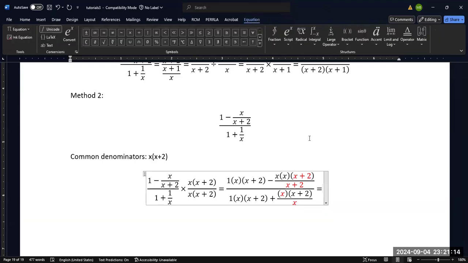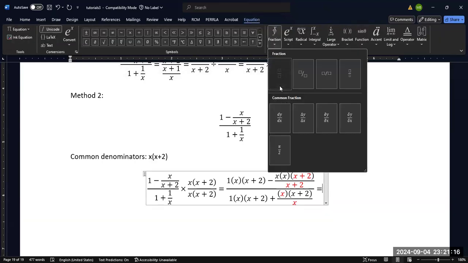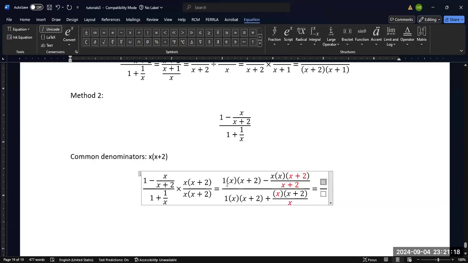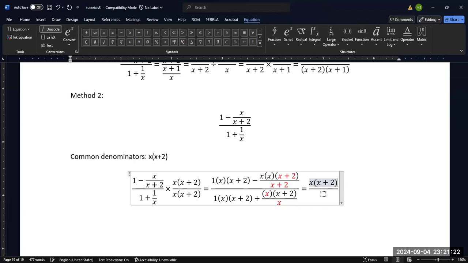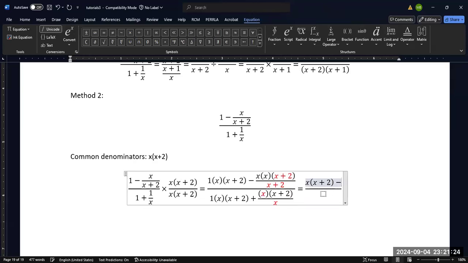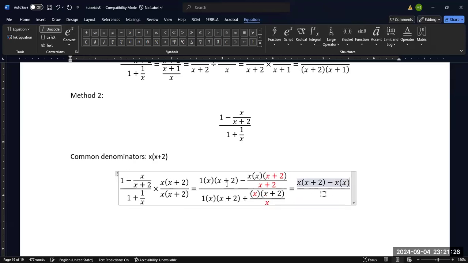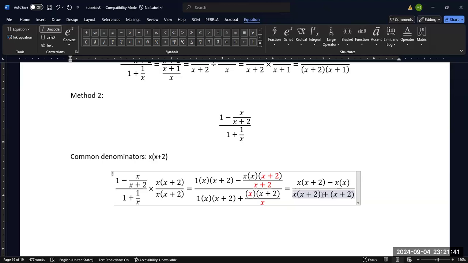Well, it's going to still be a fraction, but I'm going to have x times x plus 2 minus x times x. And then in the denominator, I'm going to have x times x plus 2 plus x plus 2.